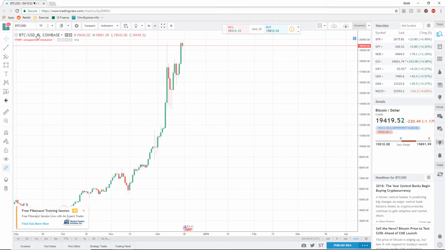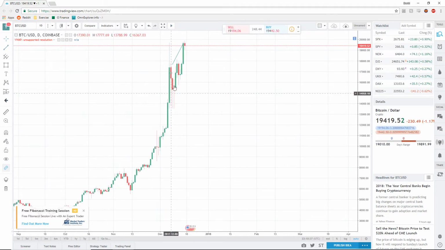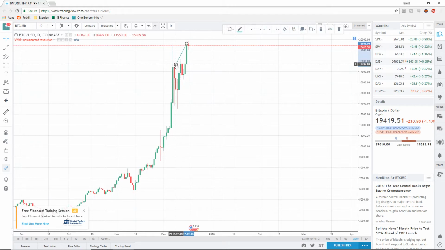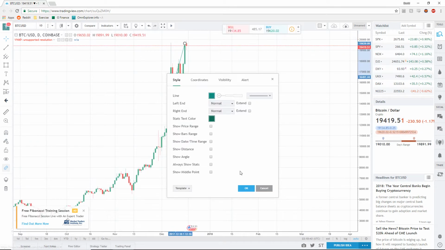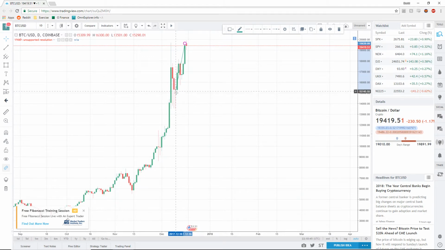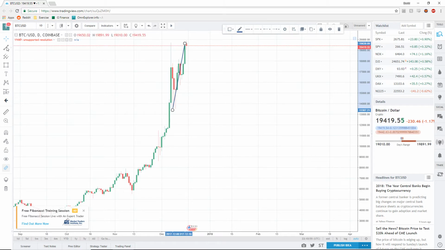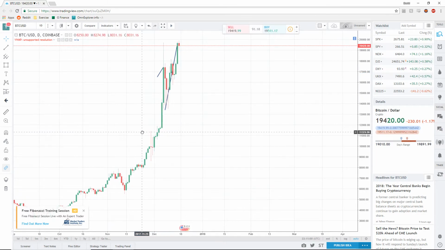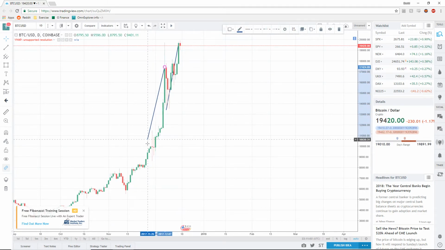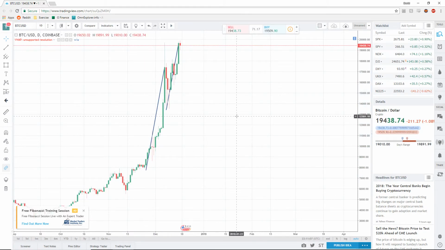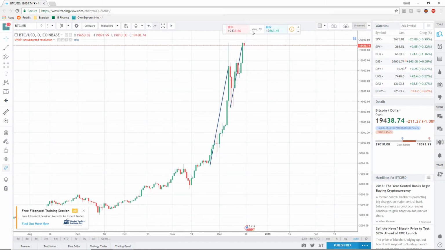But we should expect this leg to pretty much get as long as this leg.